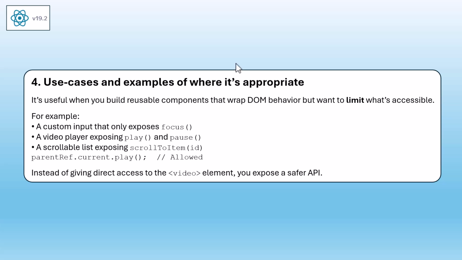Another scenario is when you build a larger component that needs to provide an imperative action to the parent, for instance, a comment list component that exposes a method like scrollAndFocusAddComment, which will scroll the list and focus the add comment field. In such cases, useImperativeHandle gives you a clean way to expose that method and nothing more. It enforces encapsulation and makes the API of your component clearer and more maintainable.